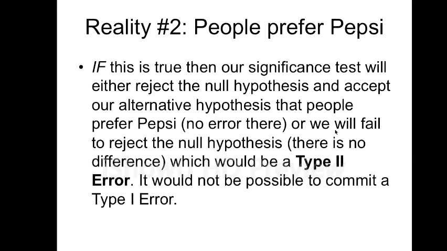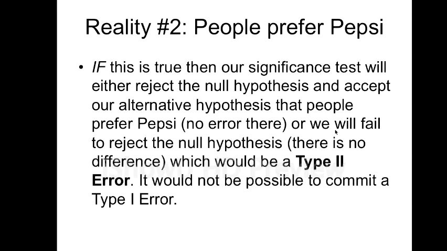Of course, alternately, we could fail to reject our null hypothesis, in which there is no difference, and that would be a type 2 error because we should have rejected the null hypothesis. In other words, we're saying, you know what, there's no evidence that there is a difference, and we'd be wrong. There is a difference.